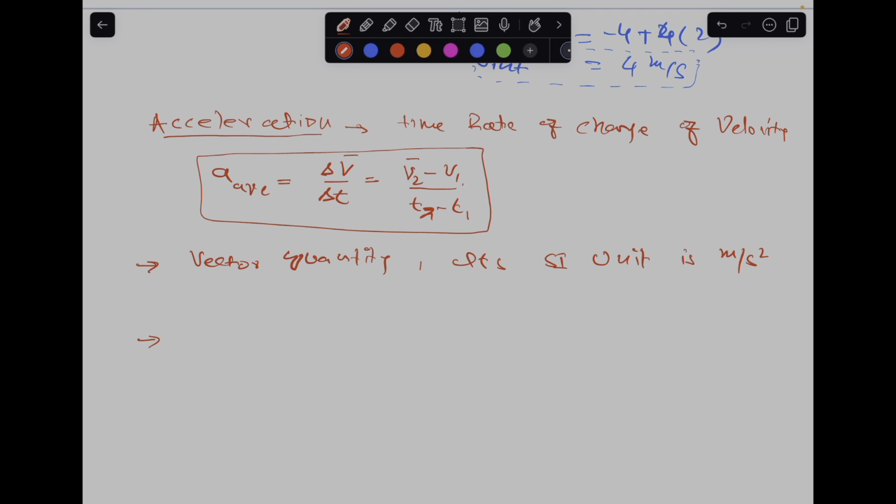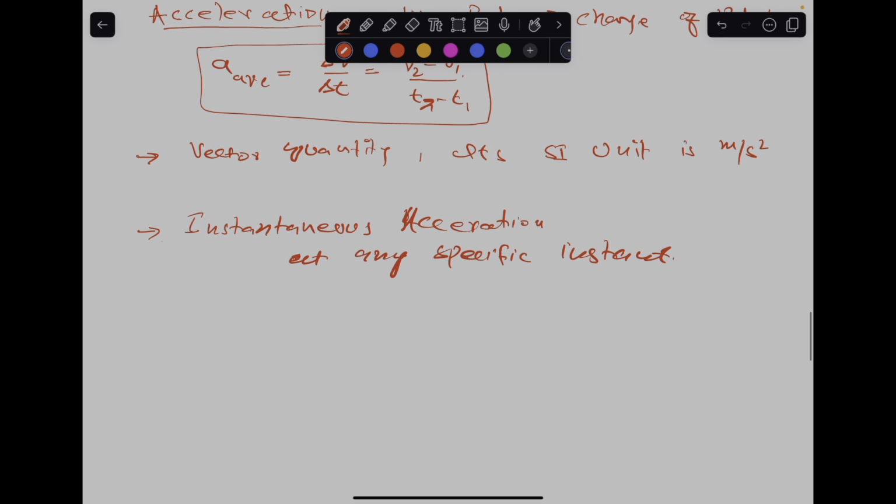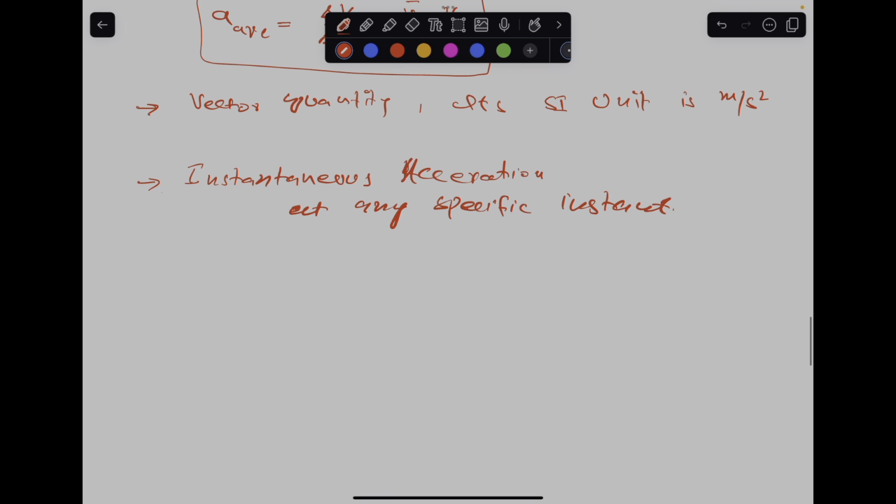But the instantaneous acceleration is defined as the acceleration of the body at any specific instant, like what we did in the velocity section.